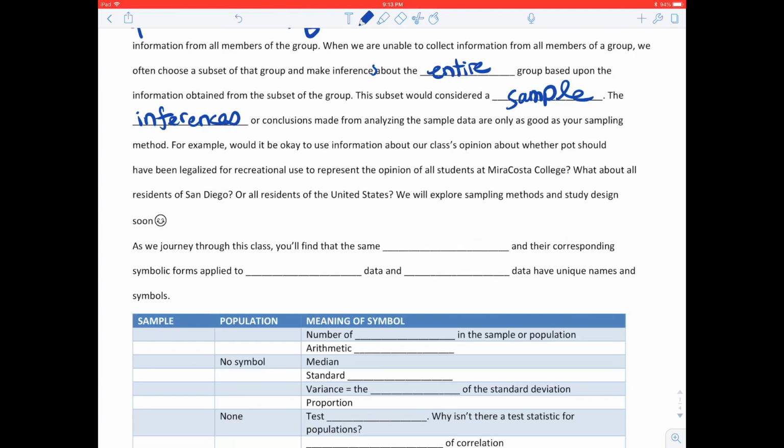Whether pot should have been legalized for recreational use or not. Right? And maybe I will survey you guys. Okay, this information I collect from you, let's say we got a number from it. And let's say that 70% of you were in favor of pot being legalized for recreational use.